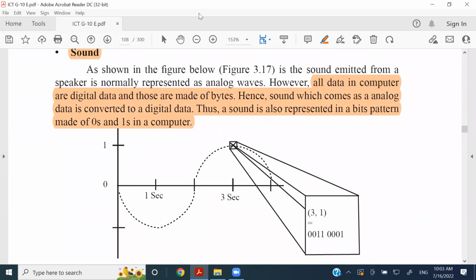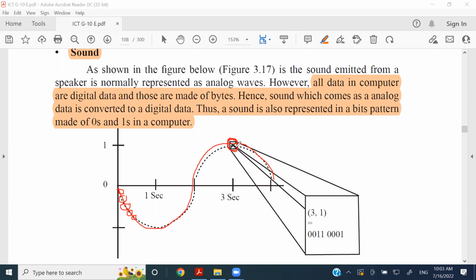What is shown in this diagram is that sound is analog data. Analog means wave kind of data. This dotted line represents the wave. Each and every point of the wave will be converted into relevant digital data, and that is what they have represented over here.